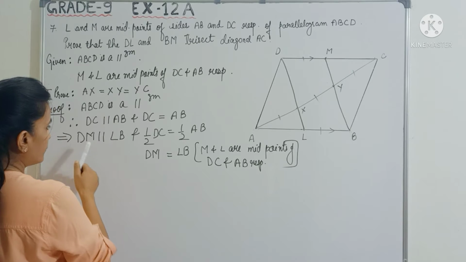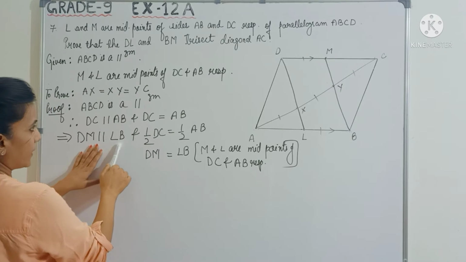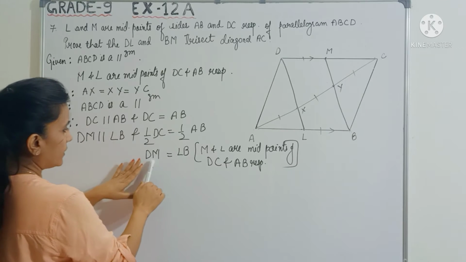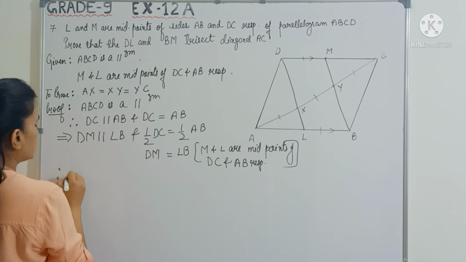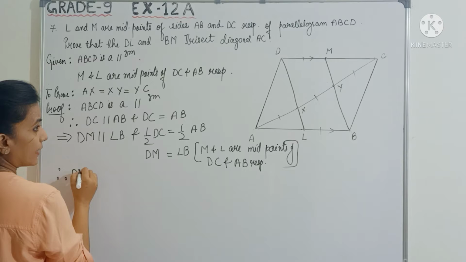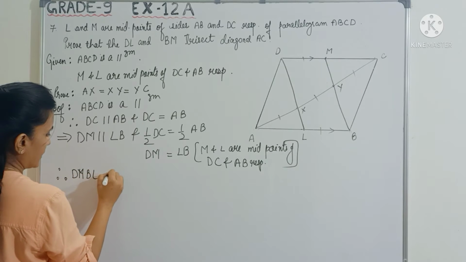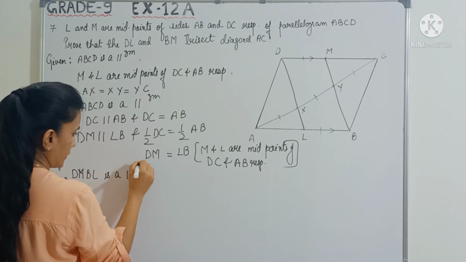Okay. Now, since DM is parallel to LB and DM is also equal to LB, therefore DMBL is a parallelogram.